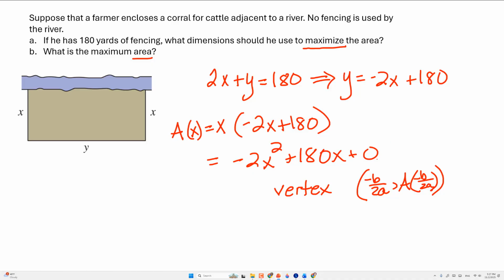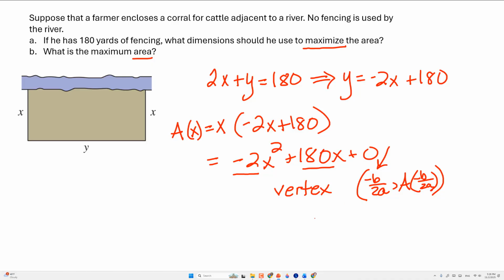Remember, you can remember this formula pretty easily because this is just the rational part of the quadratic formula. And so we've got our quadratic, our a is the coefficient of the x squared, and our b is the coefficient of x, and our c is 0 in this case, but we don't even need c.